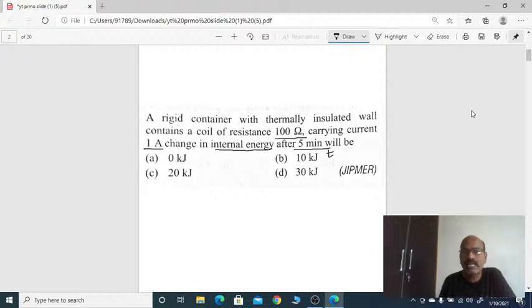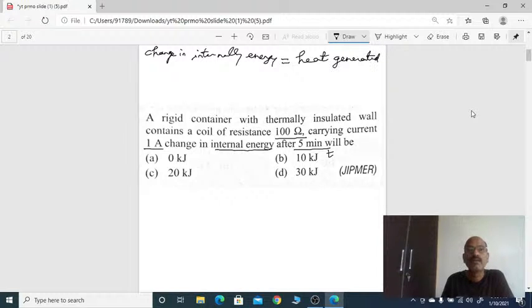The change in internal energy is nothing but the heat generated in the coil. Whenever we pass the current for 5 minutes, the change in internal energy of the coil is nothing but the heat generated in the coil, correct? Just understand this enough.